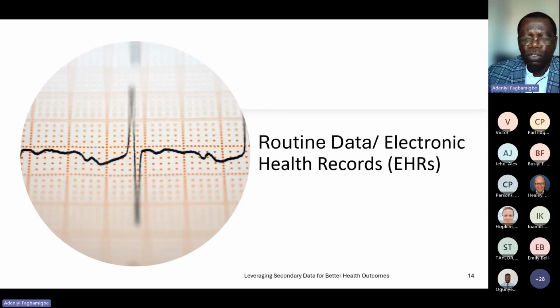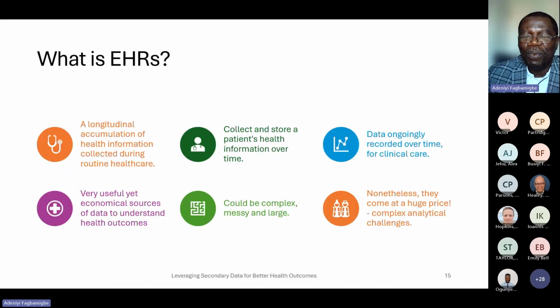for our studies and activities. The second one I want to talk about is electronic health records, which are one classical example of routine data. I've separated them from the panel data because they are very well used, and I will give instances where I've been involved in big collaborative studies where we have leveraged EHRs.